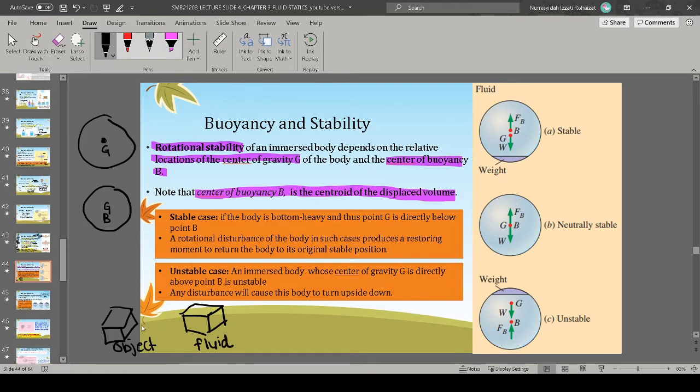Okay, so this one we use a center of buoyancy, B, and for the object we have center of gravity, G.